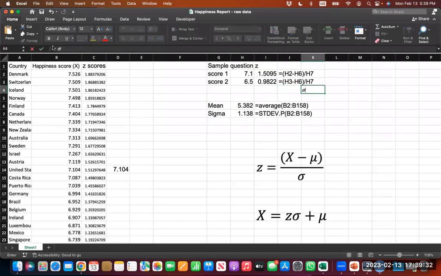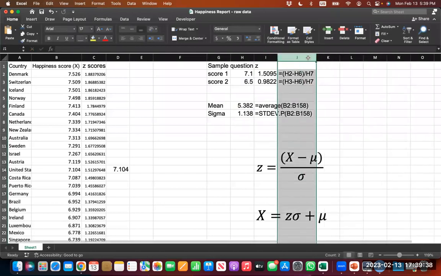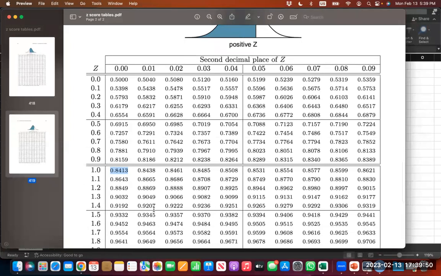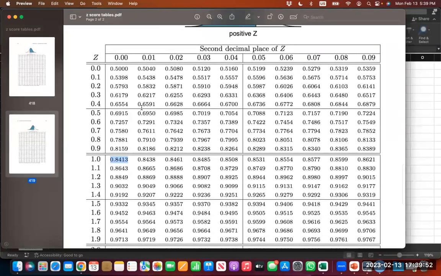Okay, so these are the z-scores, right? And these z-scores do have corresponding percentiles. So if you go to 1.51, you look this up on the z-score table, you have plus 1.51. This is 1.5, one decimal.